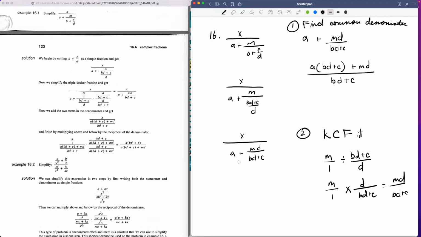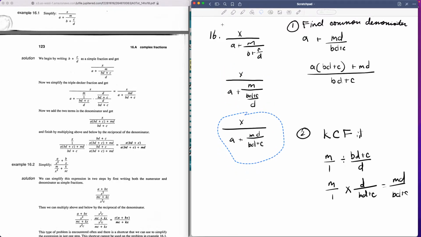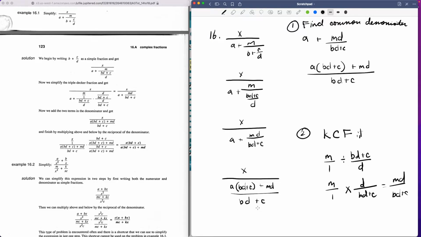So we replace this. Let me move these up a little bit because I'm taking up a little bit of room. Move that up, and I'm going to move this one up. All right, so now we say x all over a times bd plus c plus md over bd plus c. Now we have a number divided by a fraction.